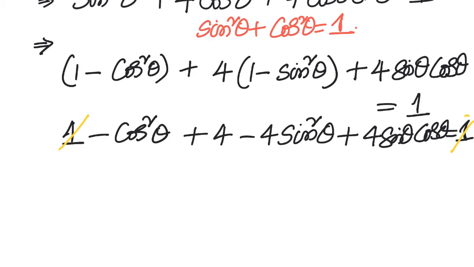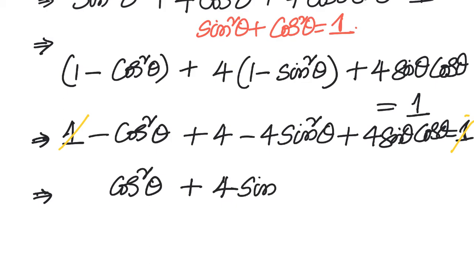What is left is cos square theta plus 4 sin square theta minus 4 sin theta cos theta equals 4.